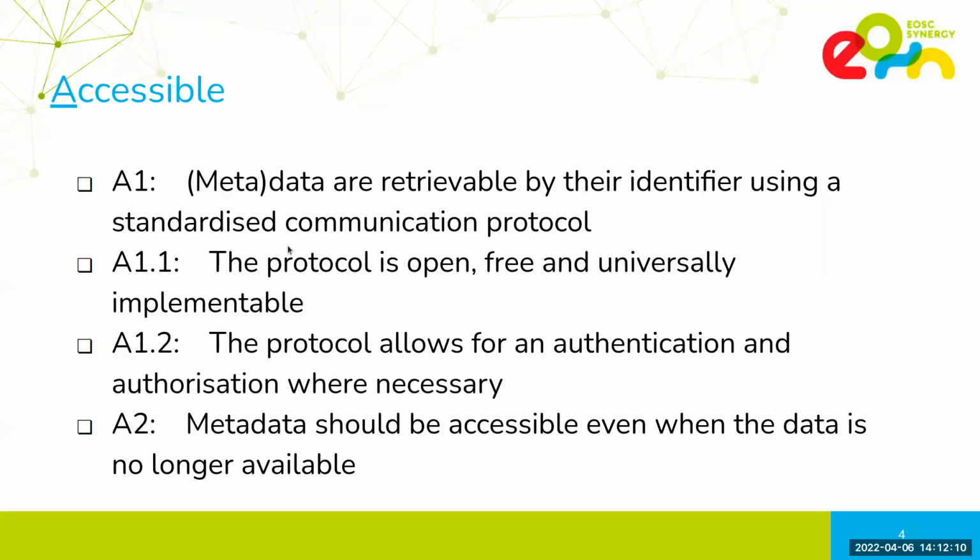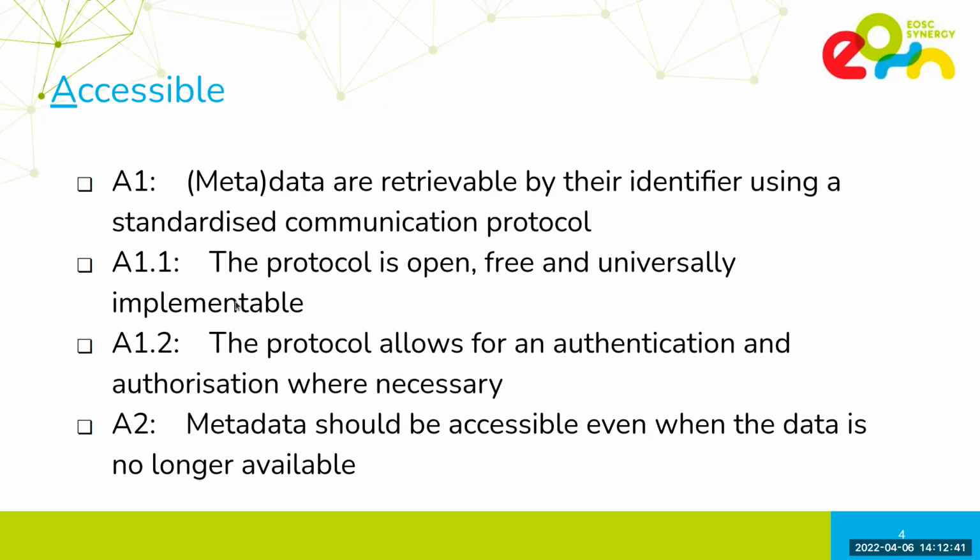As we will see with FAIR EVA, for accessible, the things that we are checking are whether the data and the metadata are retrievable using the identifier, through a standardized communication protocol. That means HTTP, an API, or more repository-oriented ones like OAI-PMH, and other things like whether the protocol is open, free, and universally implementable.